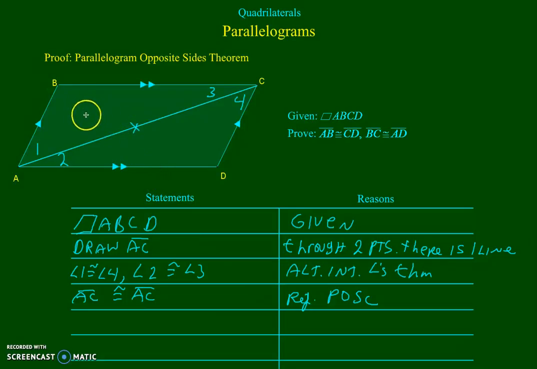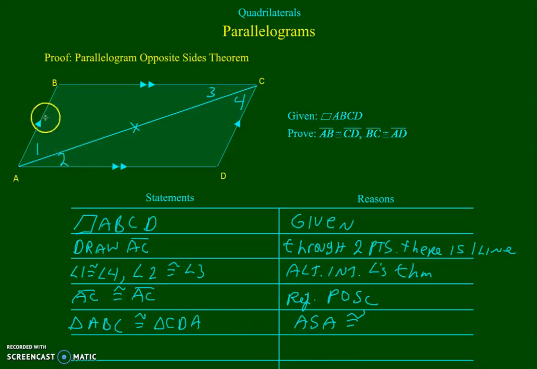Now, we know that this triangle is congruent to this one by angle-side-angle. So triangle ABC is congruent to triangle CDA, and that's angle-side-angle congruence.